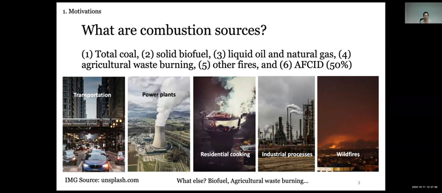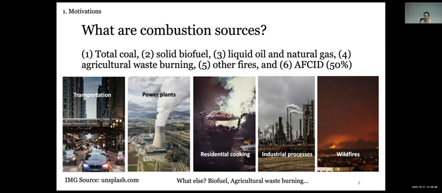Here, other fires refers to the deforestation as well as the wildfires burned in the forest or the peat, etc. So all these are considered as the categories of other fires.